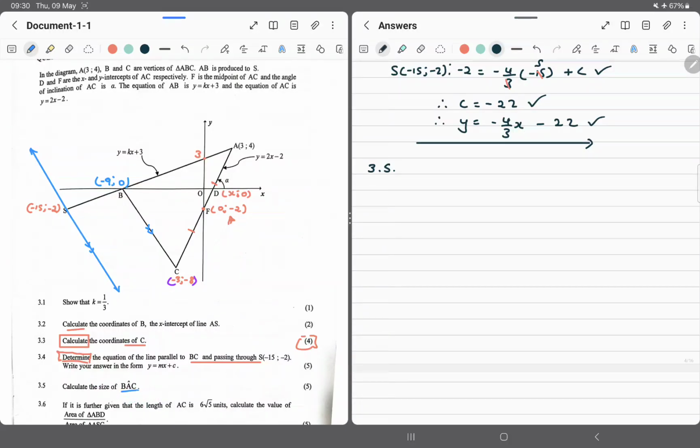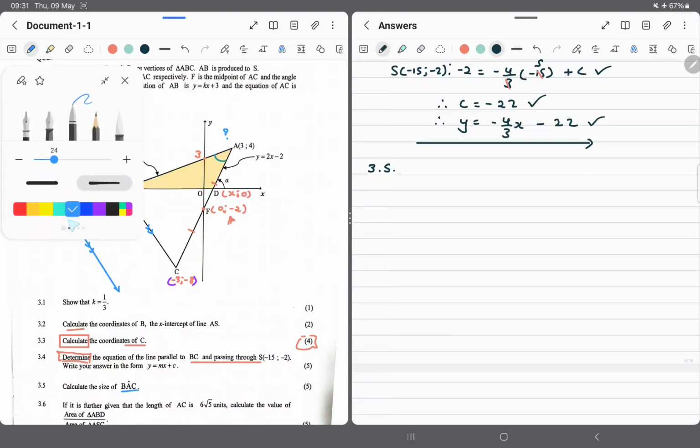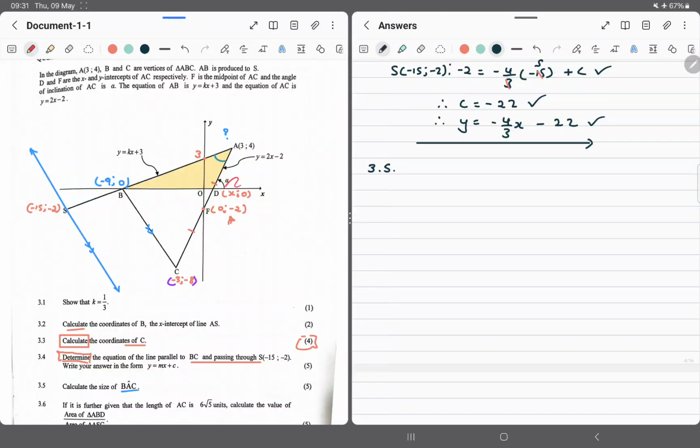Now 3.5 says we need to find BAC. Okay, we need this angle here. That's the one in question. So how will we find BAC? Now look at this. So guys, if you look at this yellow triangle, what do you notice? You will notice that we've got an angle of inclination of this line, AC, and we can calculate the angle of inclination of that line, right?